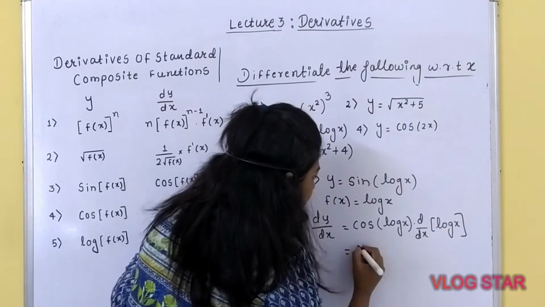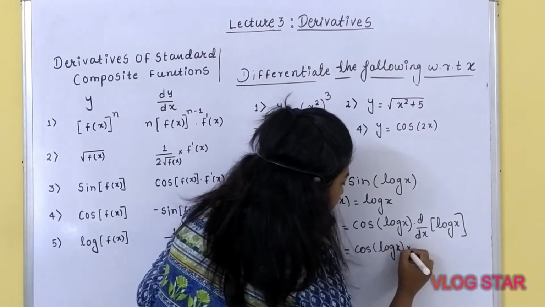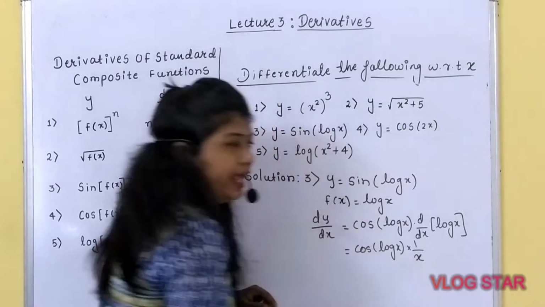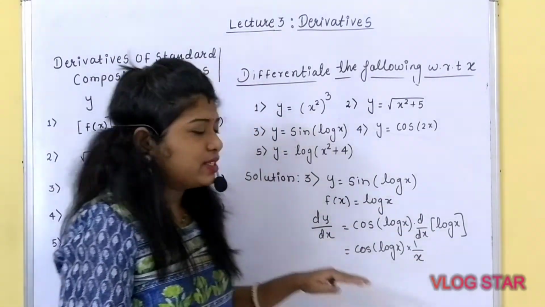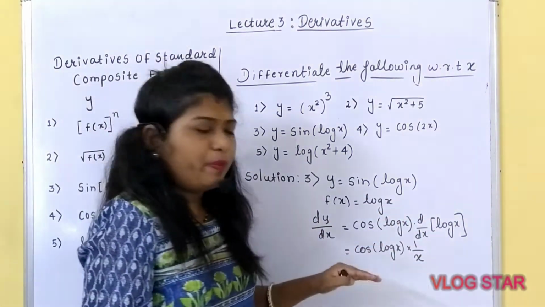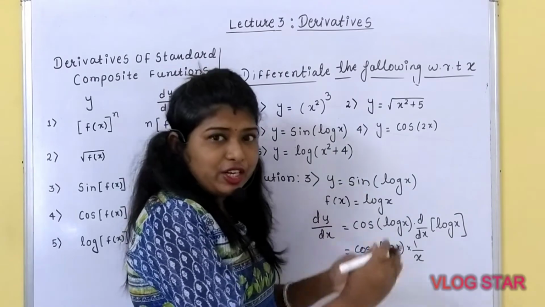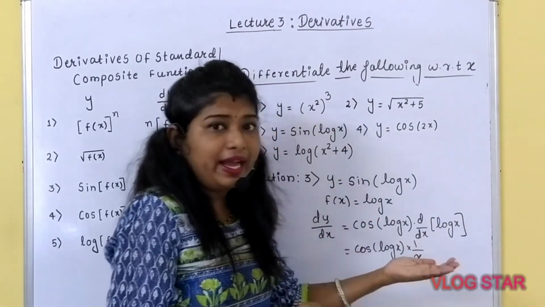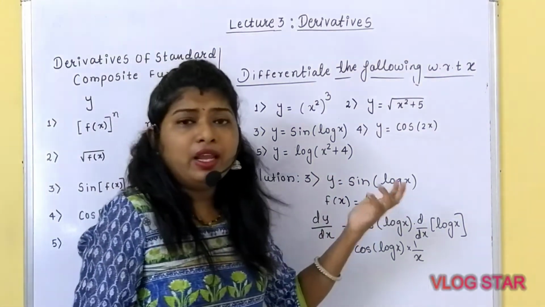As you know, the derivative of log x is given by 1 upon x. What is the derivative of log x? It is 1 upon x. The final answer is 1 upon x into cos log x. I hope you have understood how to apply the formula for sine of f of x in the question.